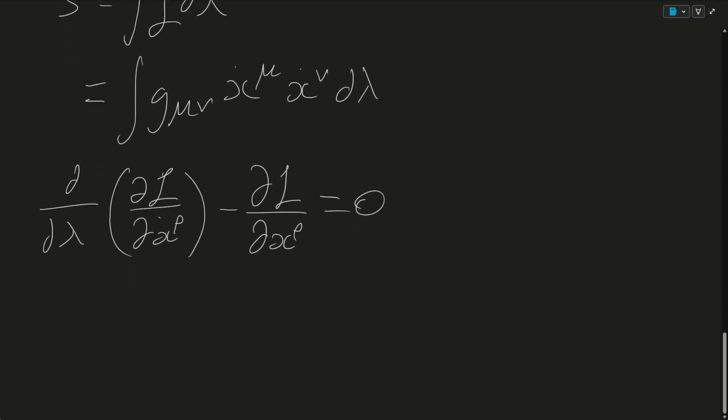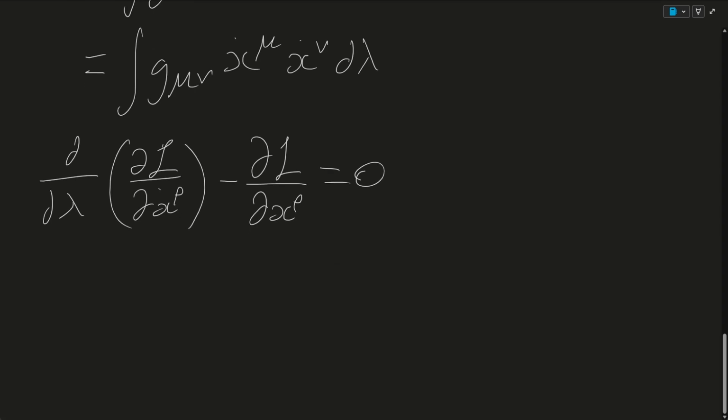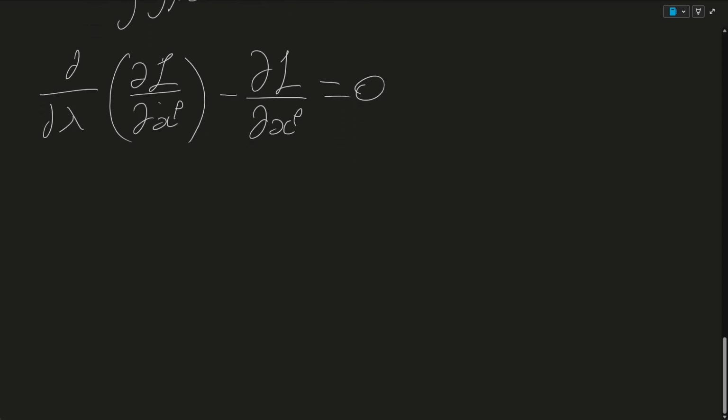And so Euler-Lagrange equation. And the first step is to find these separately. So I'll do the position derivative and then the velocity derivative.